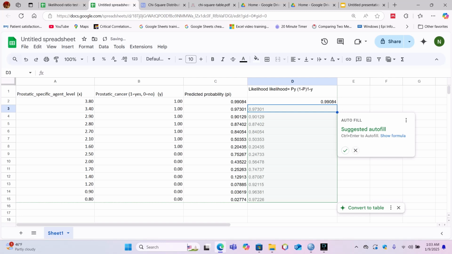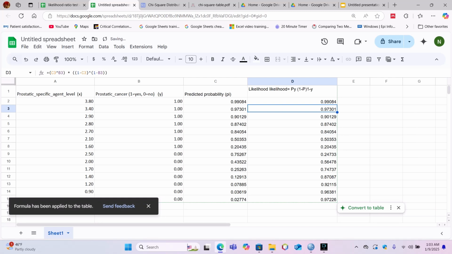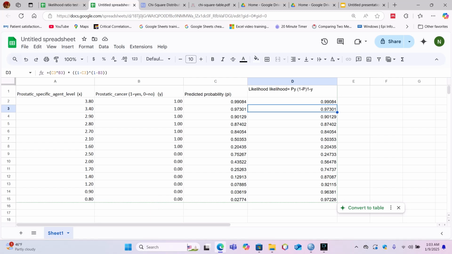So here we have computed the likelihood. This likelihood value tells us the likelihood of observing these probabilities, given that we have already observed the success or failure.